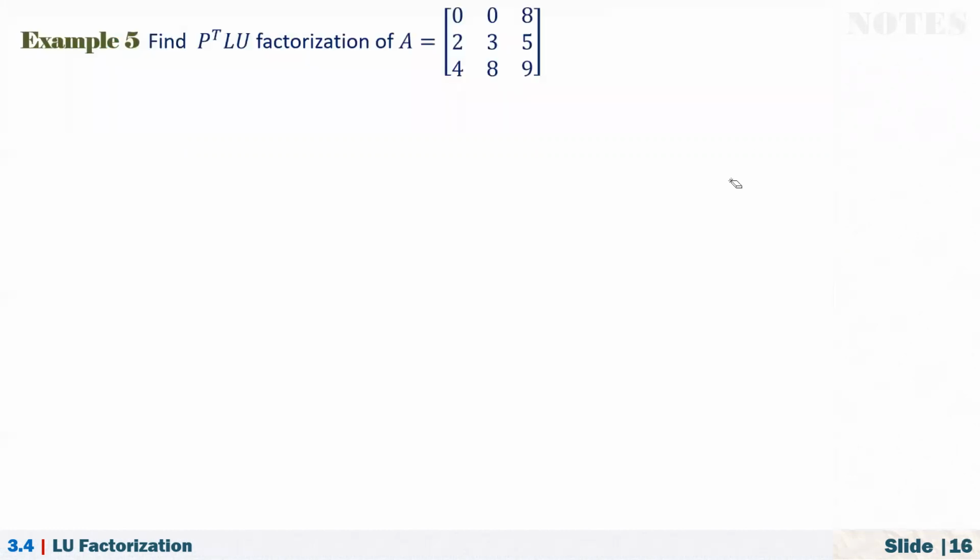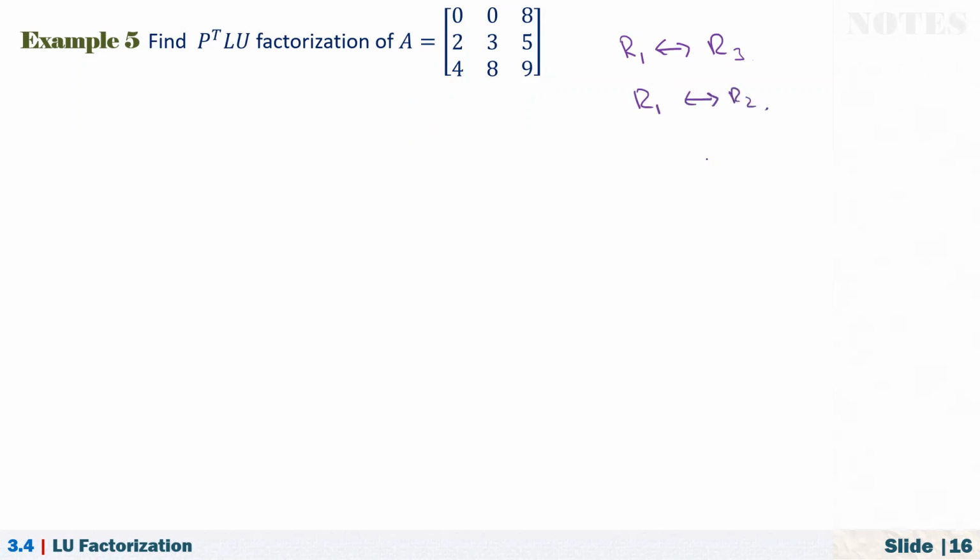Example: find the PTLU factorization of A. How do we do this? First, I can just keep this 0 at the bottom. The first operation is to interchange the first row with the third row. And the second one, after that, is to interchange R1 with R2.